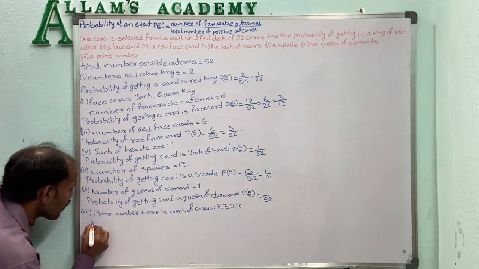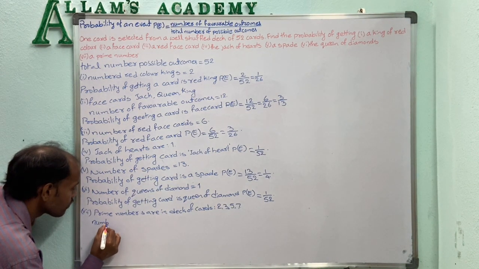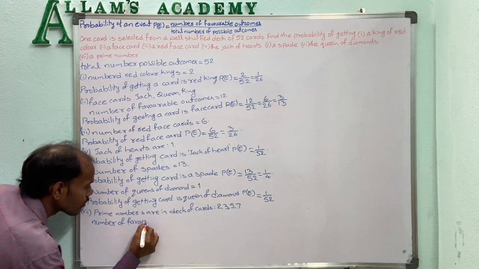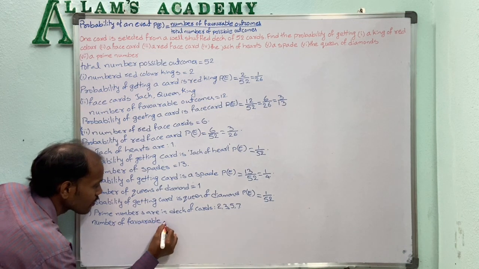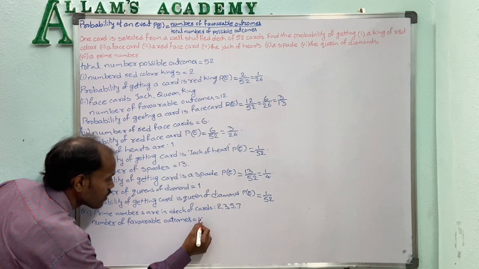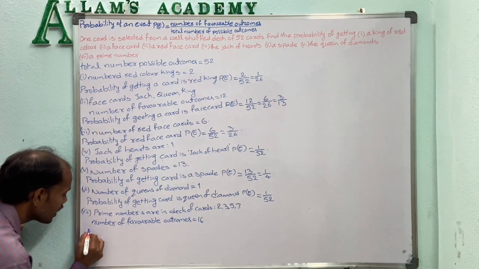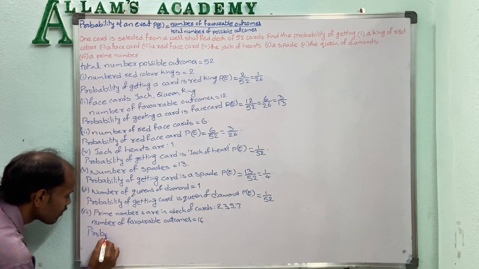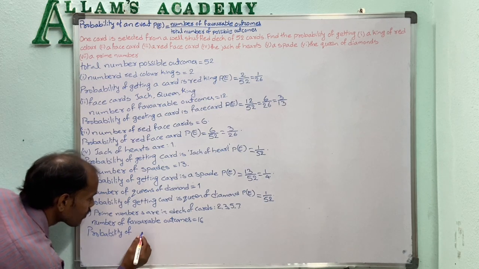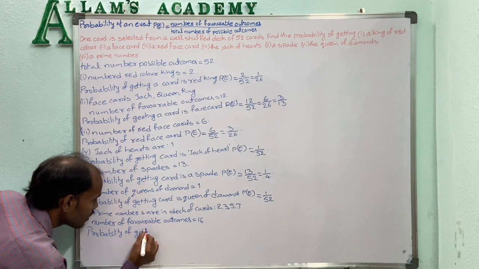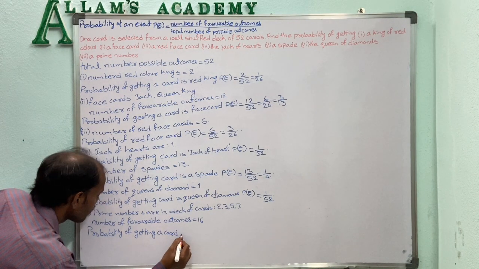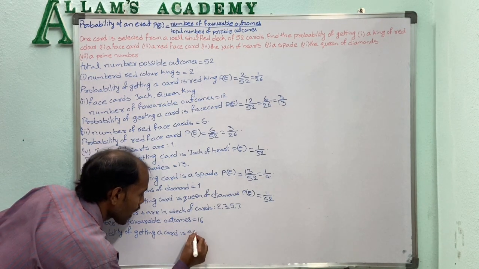So the number of favorable outcomes is 16.